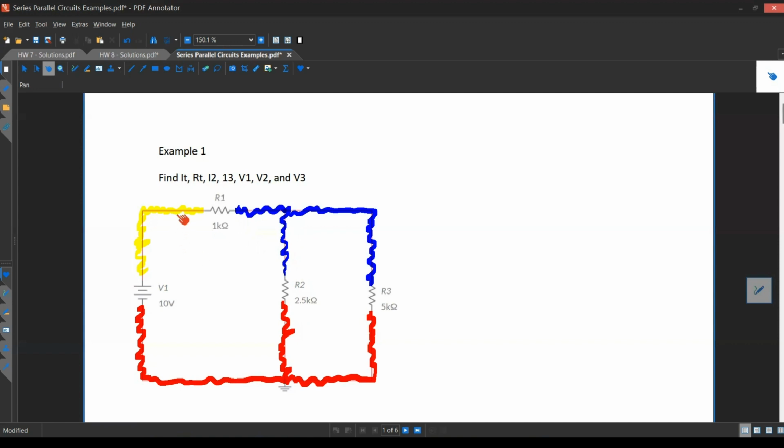R1 is connected to the yellow node and the blue node. So these two are not in parallel. Now, what about R3 and R2? Well, R3 and R2 are in parallel, because they are connected by two same nodes, the blue node and the red node.